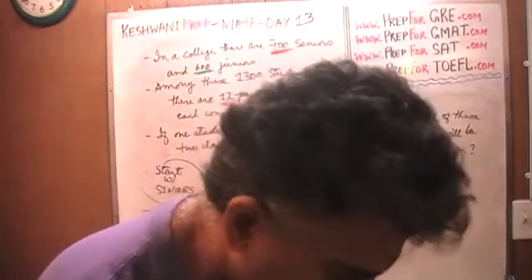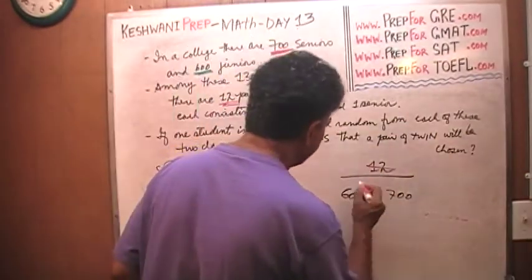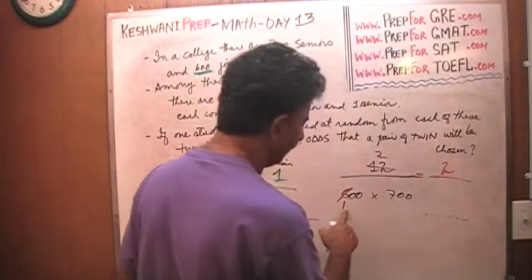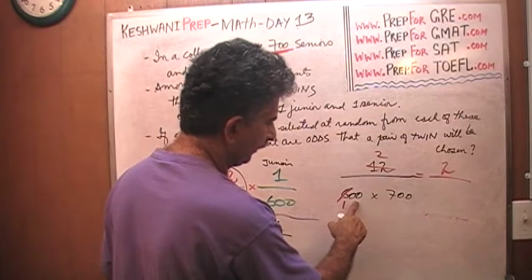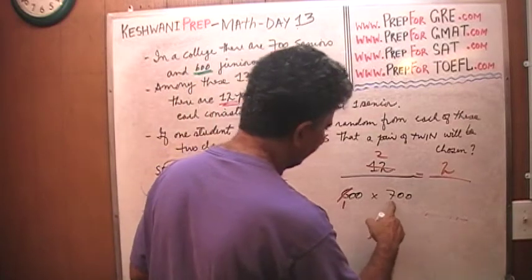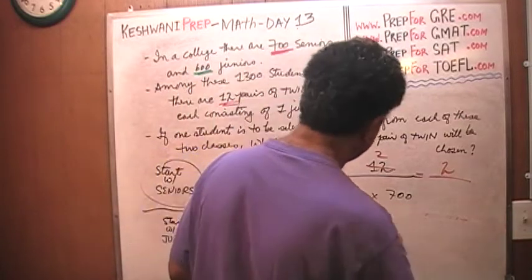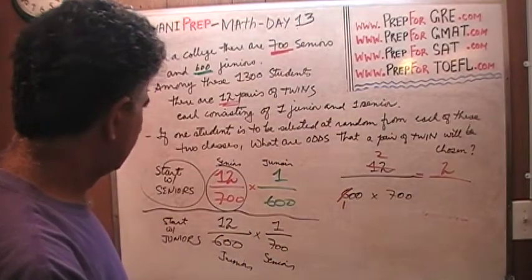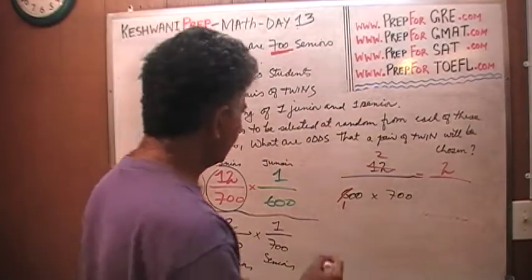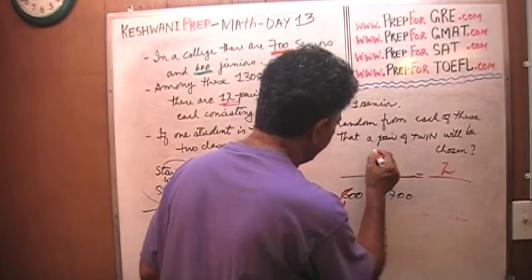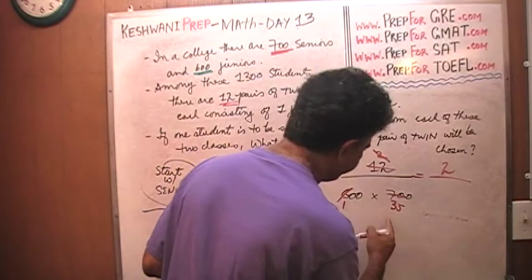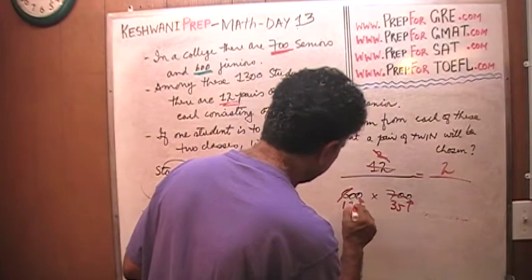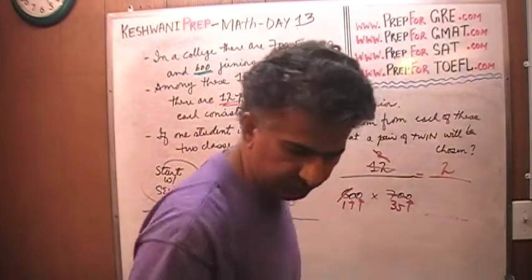That's very straightforward and simple. 12 goes into 600 50 times, so it's basically 1 over 50 times 700. Let's simplify further: 50 times 700 is 35,000. So it looks like 1 out of 35,000.